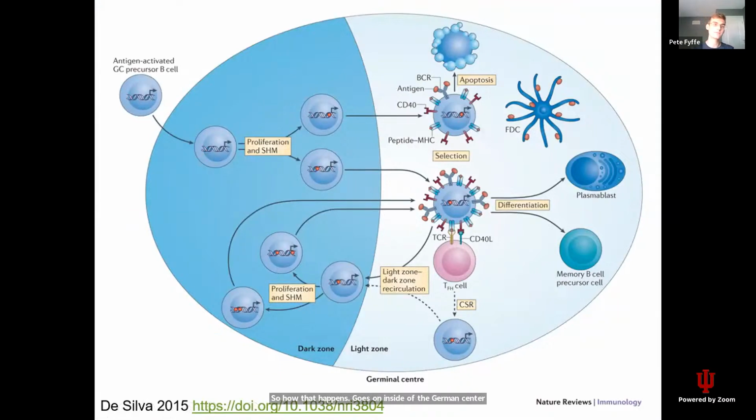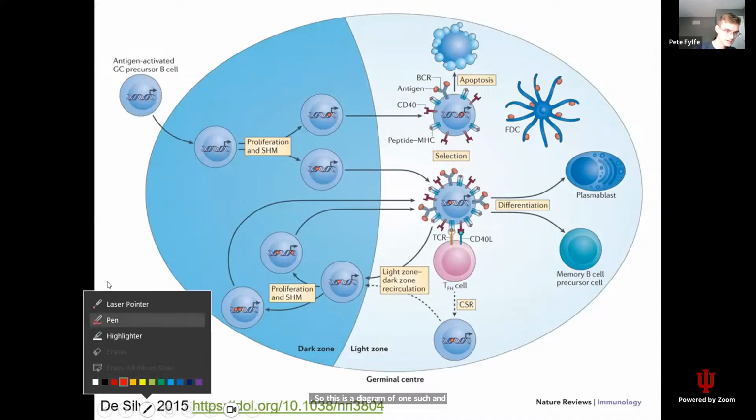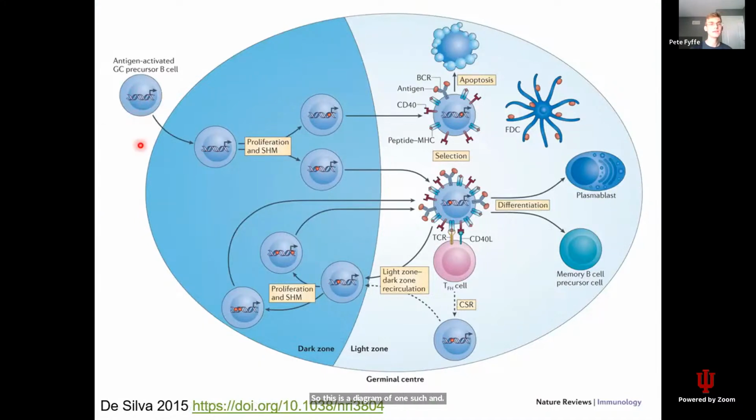So this is a diagram of one such, and let me get a laser pointer here. You start out with an activated B cell that has just been given an antigen, and it enters a dark zone, which is the left half. Then it starts to divide rapidly and undergo a process called somatic hypermutation.